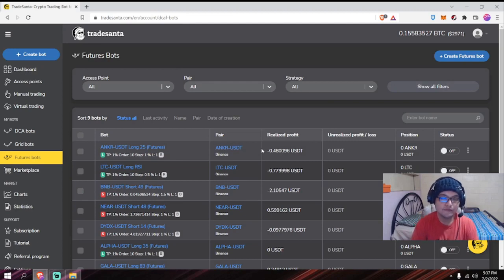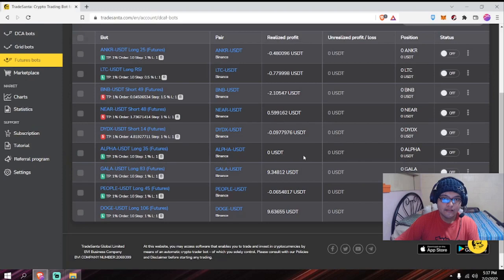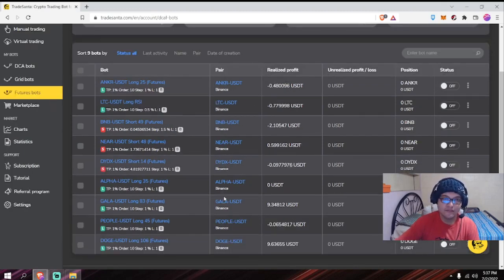So it is useless to create a long trading bot if the whole market is trending downwards. So this is what happens. I created long trading bots, some work, but this was during only a short period of time when it was a short upswing, but the majority of the time it's a downswing.